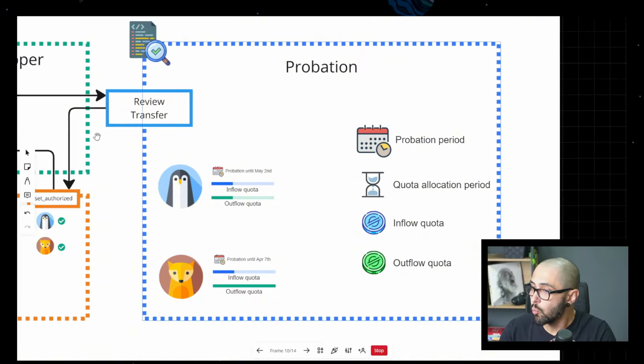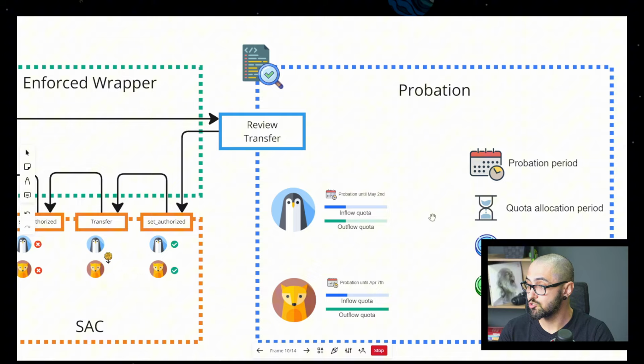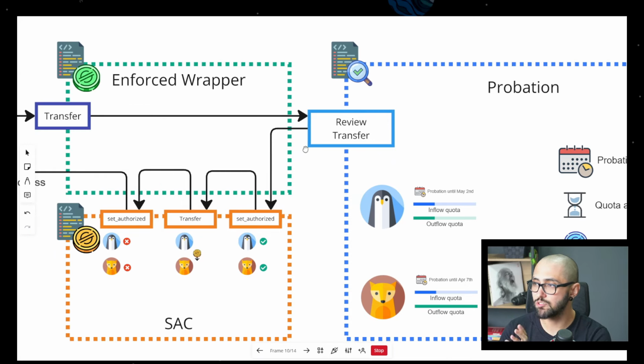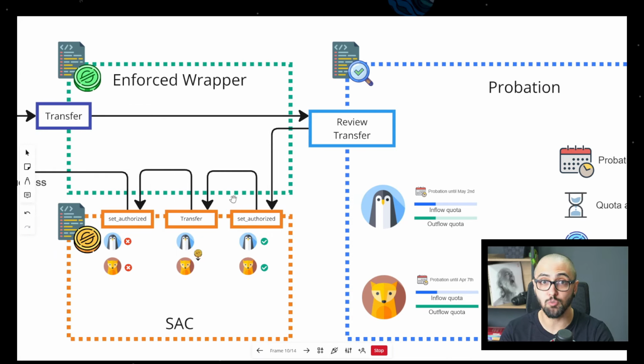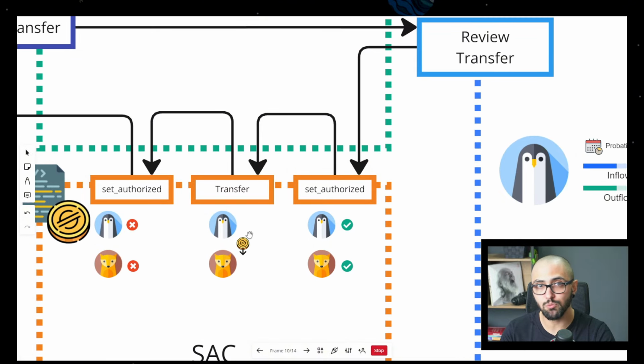So once the user had its transaction reviewed by the probation, it will track the stats and the quotas and allocate everything, and once it sees okay, it's good to go, it will pass the transaction back to the wrapper, and that's when the wrapper is going to make sure the transaction happens. The way it does that is through those 3 steps that we mentioned before.